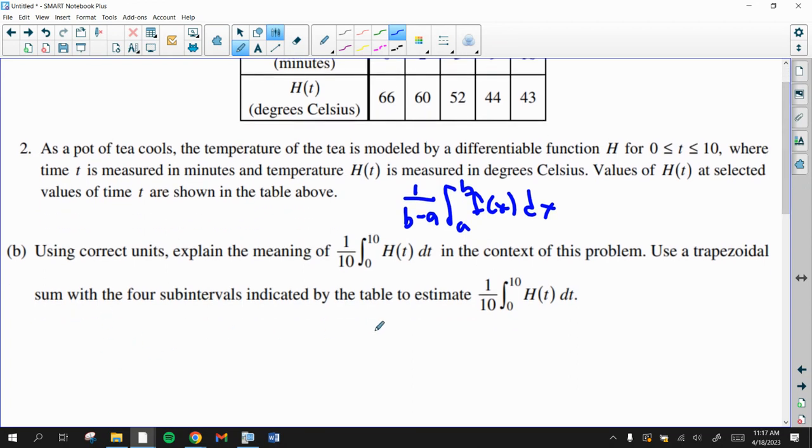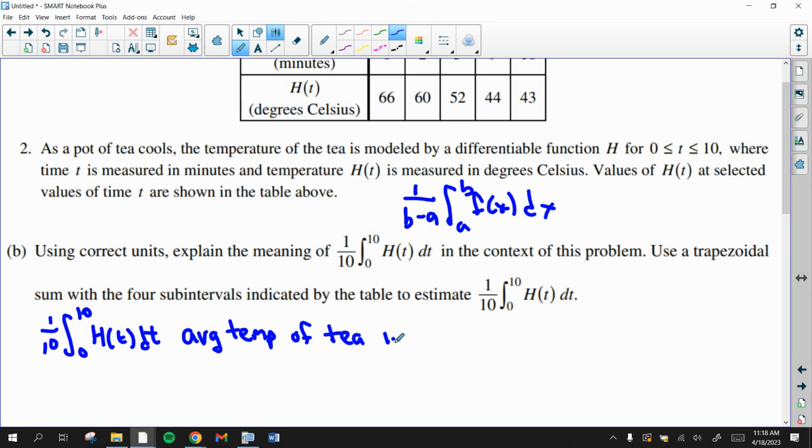So let's first answer that. That integral is the average temperature of the tea. It does say use units, so in degrees Celsius over these 10 minutes.